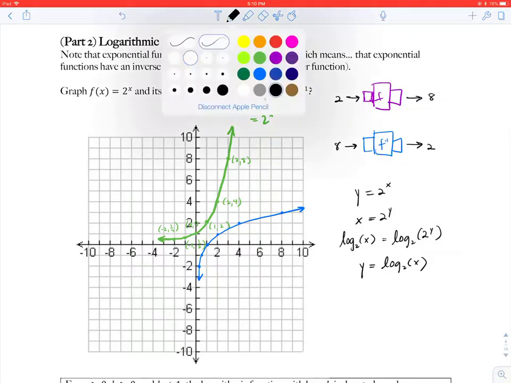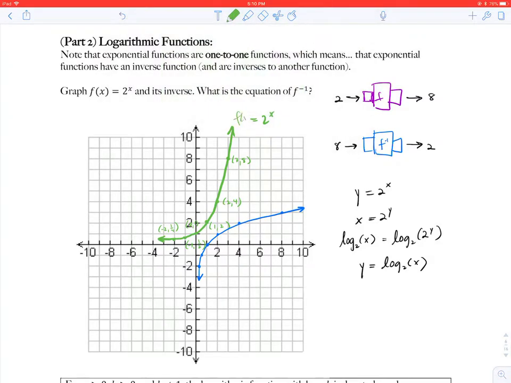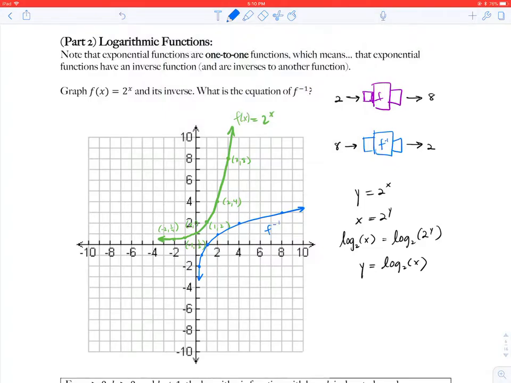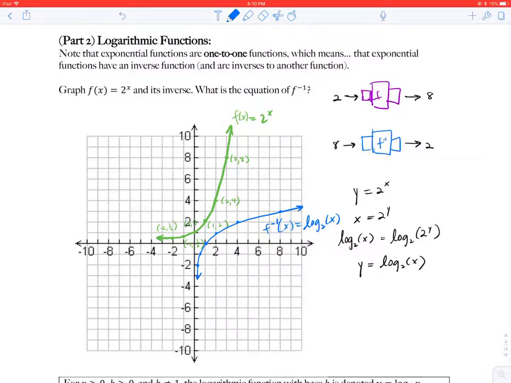So if this is f, that means that f inverse is the log base 2 of x. Logarithmic functions are the inverses of exponential functions.